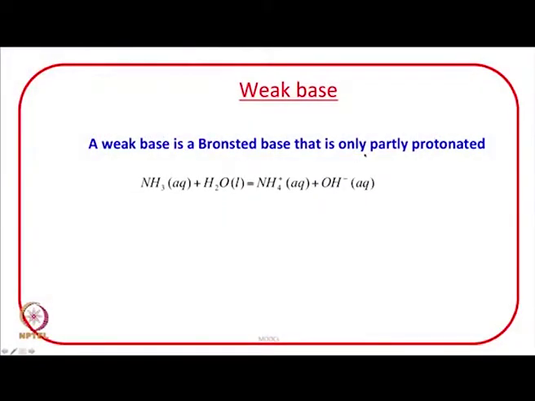And again the usual example will be ammonia plus water forming ammonium ion plus hydroxyl ions. And if NH3 is a base, its conjugate acid is NH4 plus. Ammonia is an example of a Bronsted base that is only partly protonated.